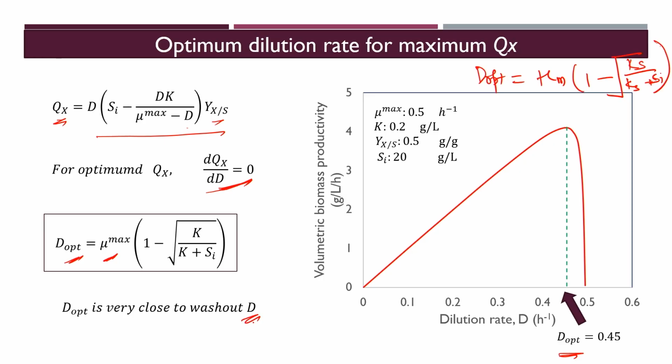Now, you just see this is the D optimum and this is the D critical. So, one needs to be very careful because D optimum is very close to the washout.